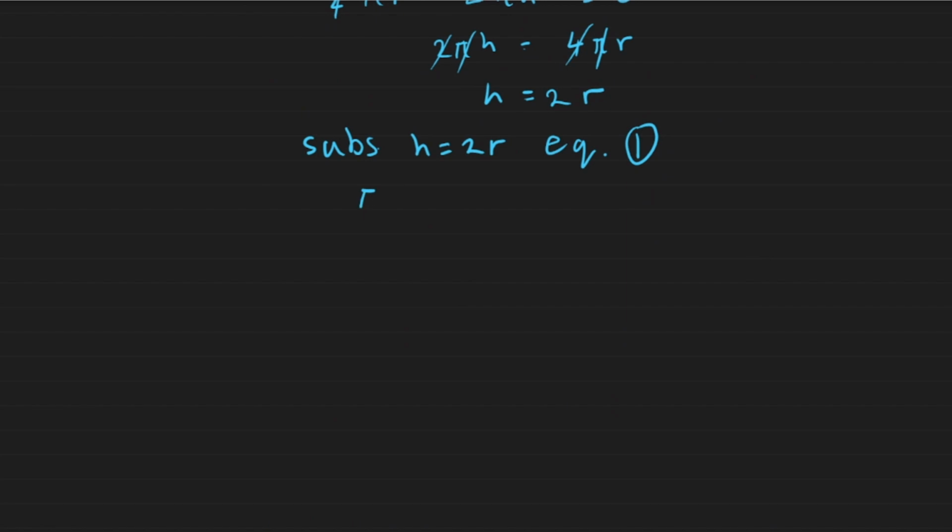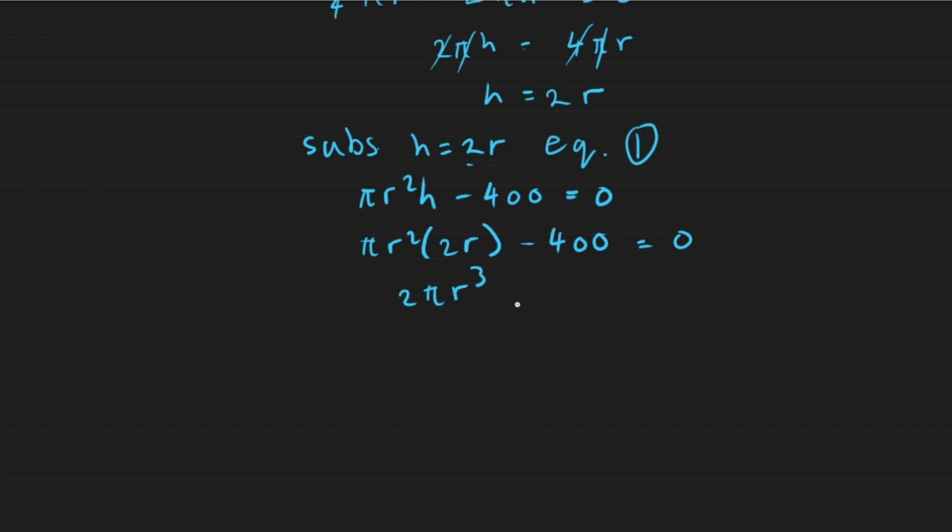So we have pi r squared h minus 400 equal to 0. We substitute this 2r in. So we have pi r squared times 2r minus 400 equals 0, and we just solve for r. We're left with 2 pi r cubed minus 400 equals 0.